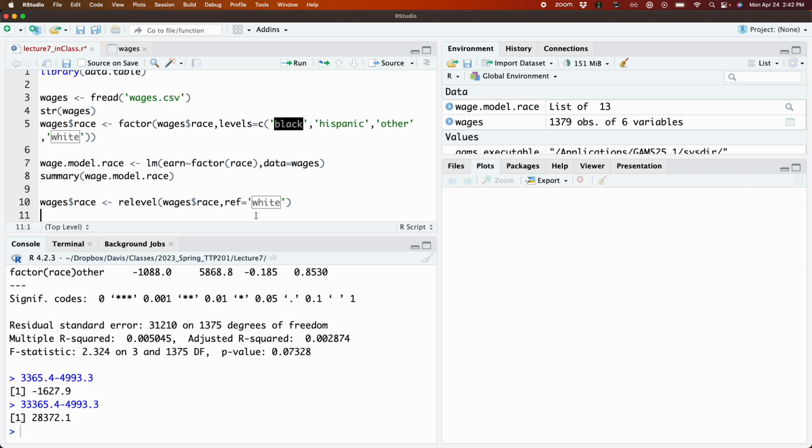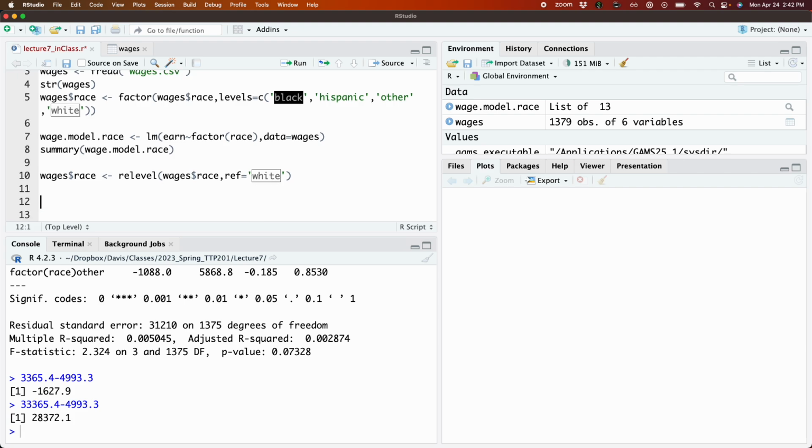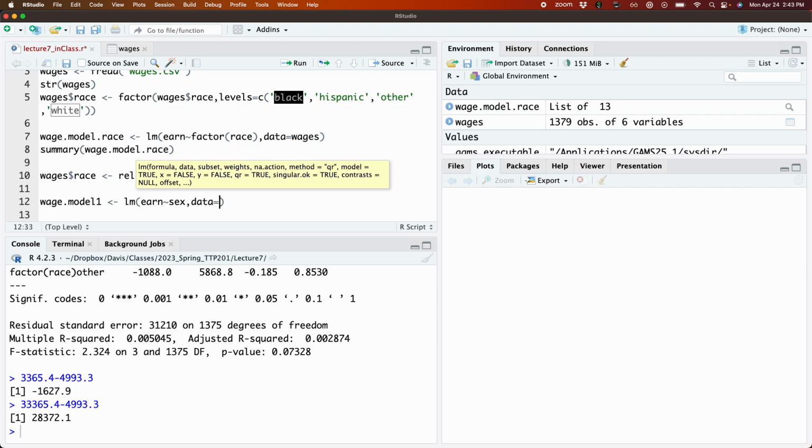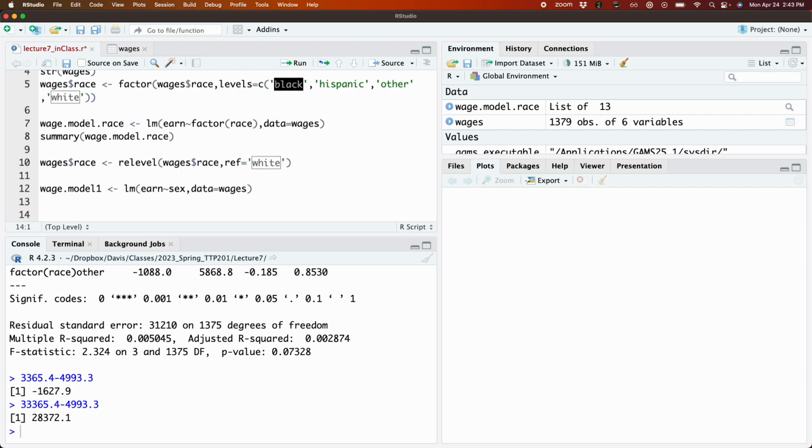So now let's move on to leveraging this for some simple examples. We're going to do earnings compared to sex. Then we'll do earnings compared to education.